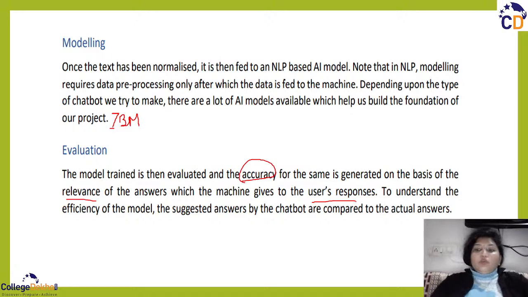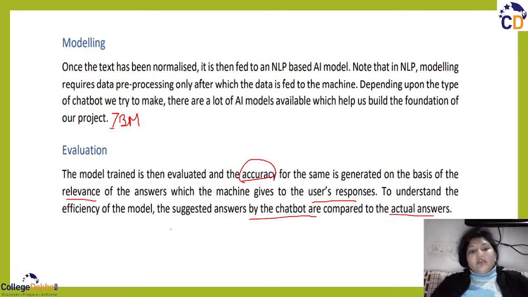So it is not only us who check the system. A number of people test it before it reaches the user, to understand the efficiency of the model.